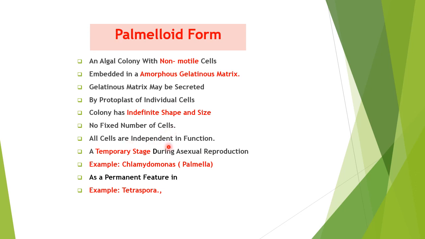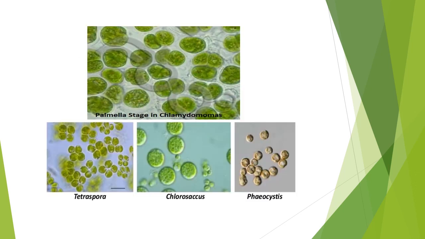All cells are independent in function. The palmella is a temporary stage during asexual reproduction in Chlamydomonas, as is a permanent structure in Tetraspora. So we have seen palmelloid is the aggregation of cells.